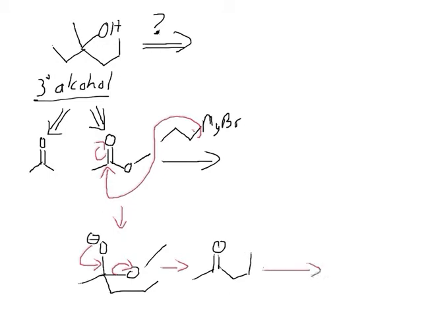But now we've made a ketone, and what's more reactive towards nucleophilic addition, a ketone or an ester? Which carbon is more electrophilic, the ketone's carbon or the ester's carbon? Why the ketone?